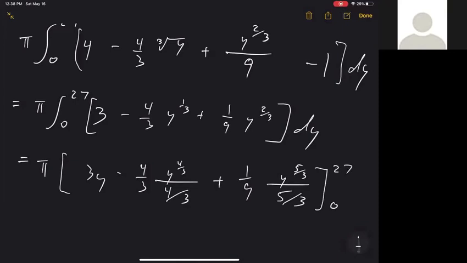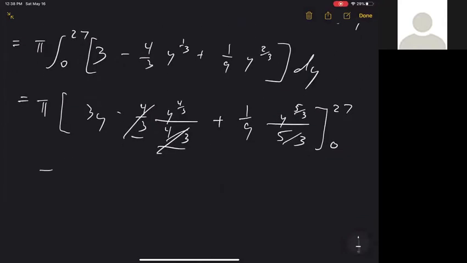I got a 4/3 here, and I'm dividing by 4/3 here, so those cancel, thankfully. I'm just left with y to the 4/3 plus, let's see.